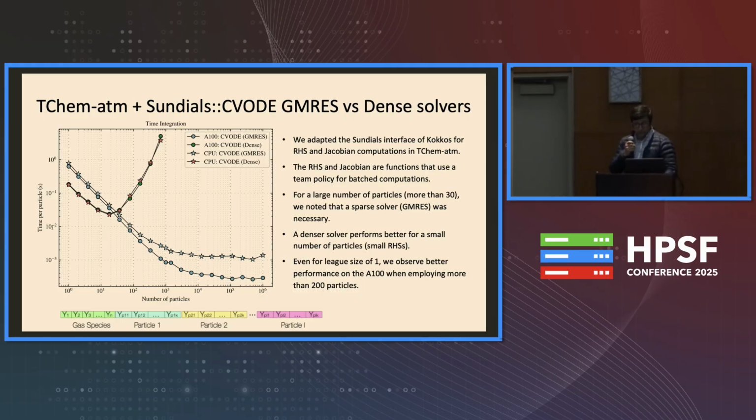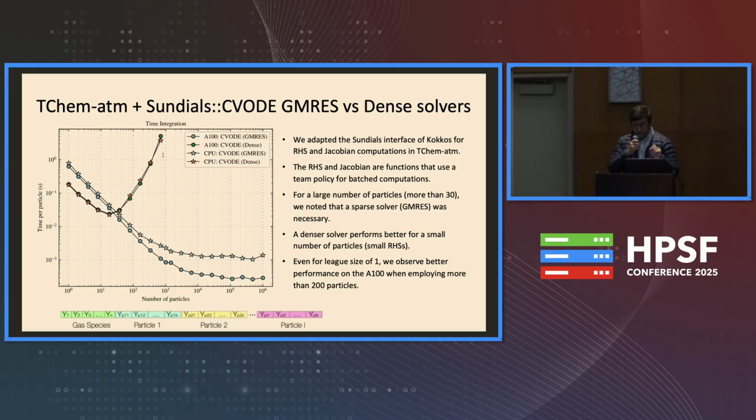What we would like to see in these plots is that as we increase the number of particles in our example, which translates to a bigger right-hand side, the time decreases. We can see that the time decreases very well for the sparse solver, but if you look at the other lines, which are the dense solvers, we don't see that.